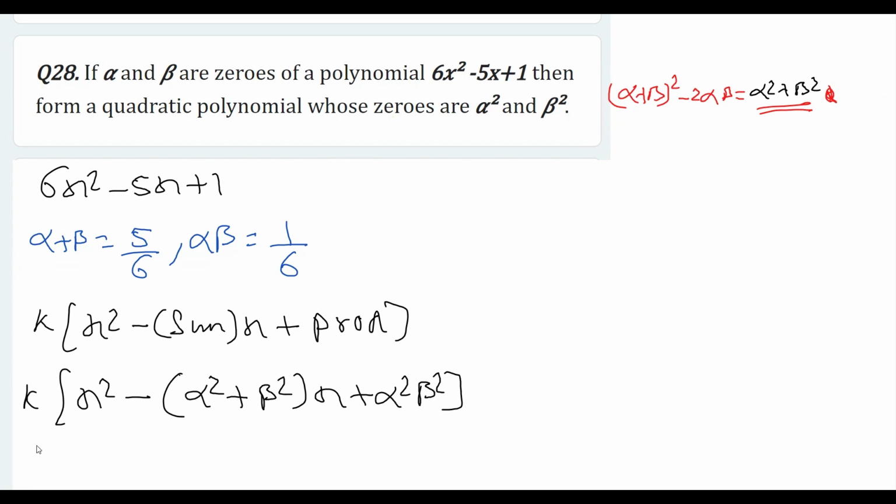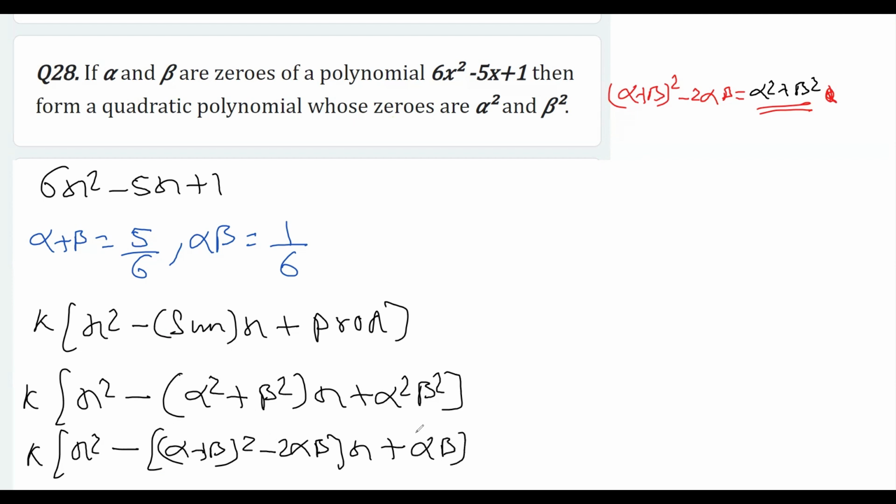So continuing with the working, I can say this is k bracket x square minus, replacing this whole thing with this here, that is (alpha plus beta) whole square minus 2 alpha beta, times x plus the product of the zeros. I can write this as (alpha beta) whole square also.